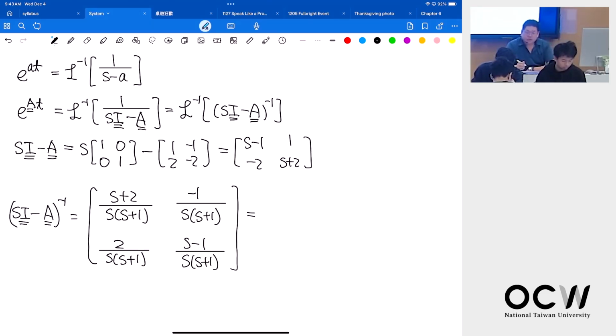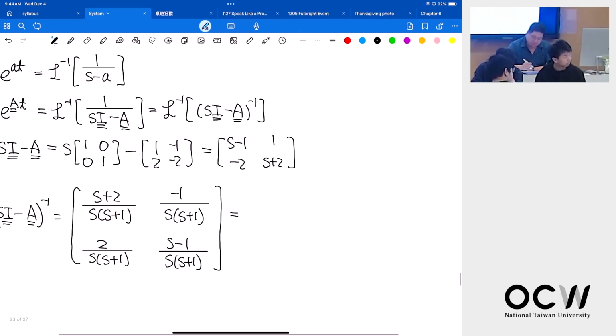Then we will check the table. Normally we just check the table first. If this form satisfies the table of Laplace transform pairs, then we don't need to really calculate the inverse.